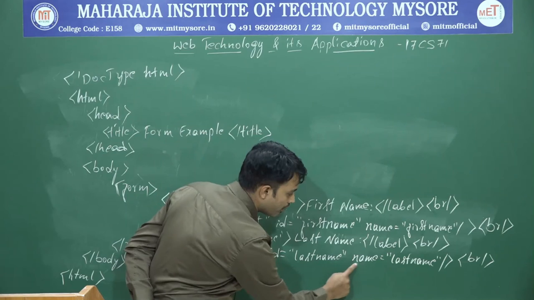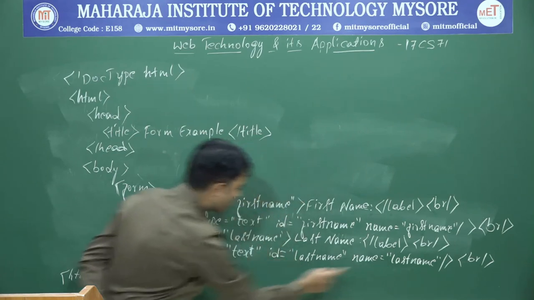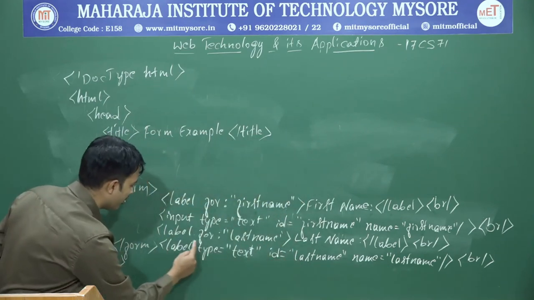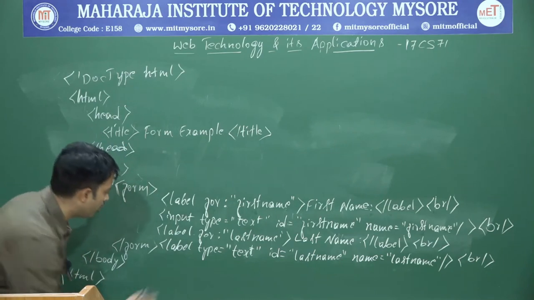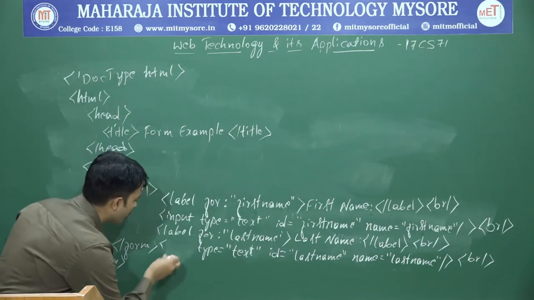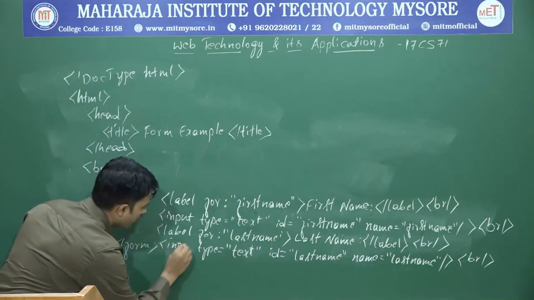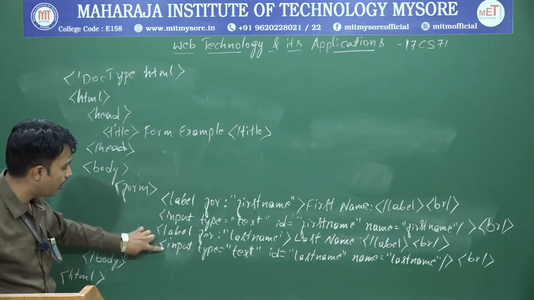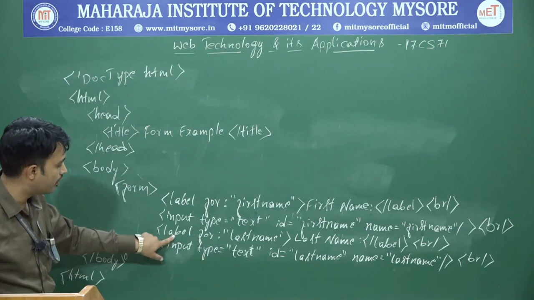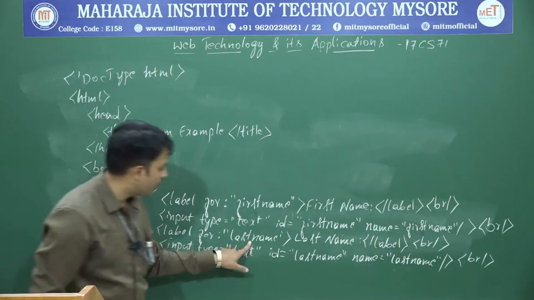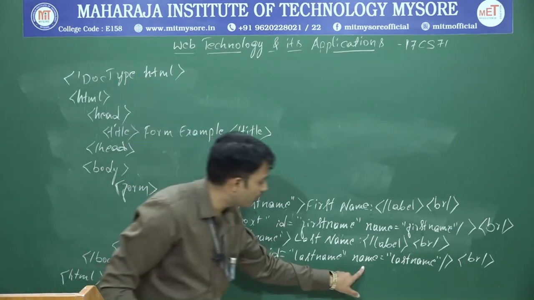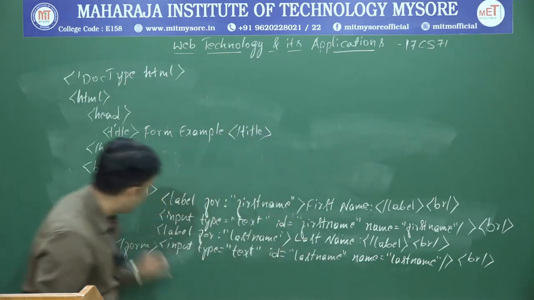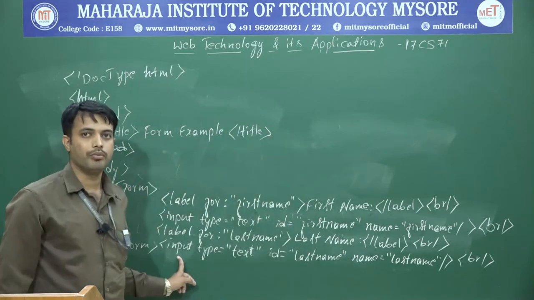Here you can see that name equal to last name, right? For this I have written label, sorry, it is input. So label input, label input. For this input, this is the label. Here last name, and name is also last name. That's why this label is for this input.